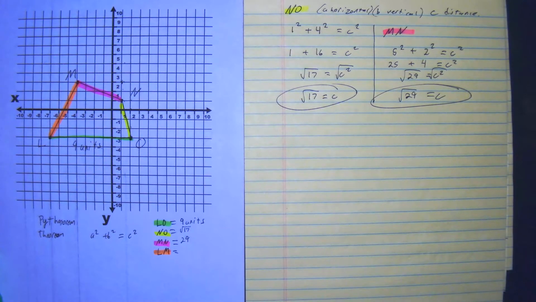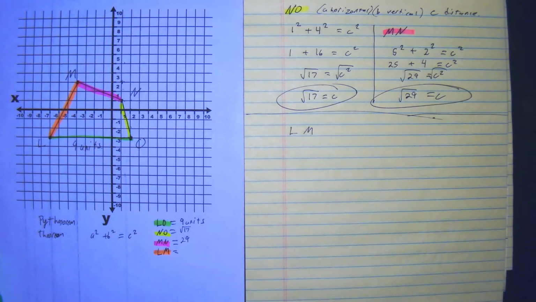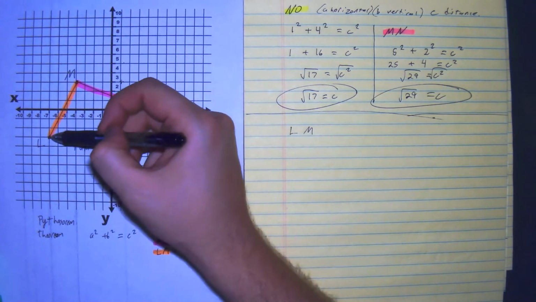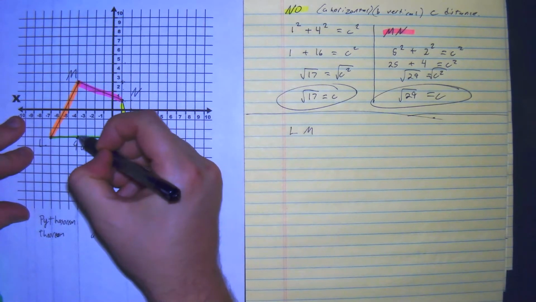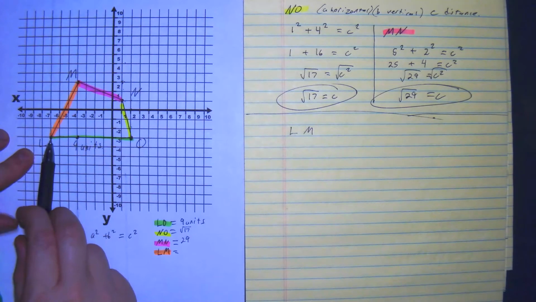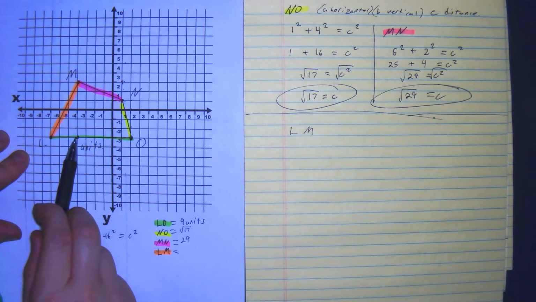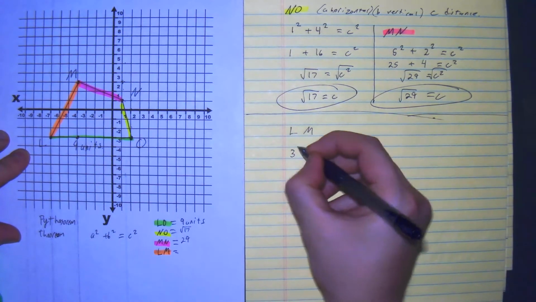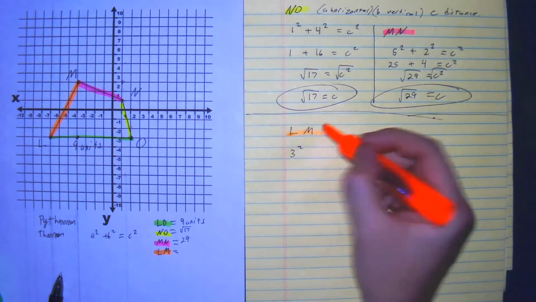Now we're left with LM. We can start on L here. We're going to this point right here. 0, 1, 2, 3. So our A here is 3 squared. And I want to make sure I keep it with LM.